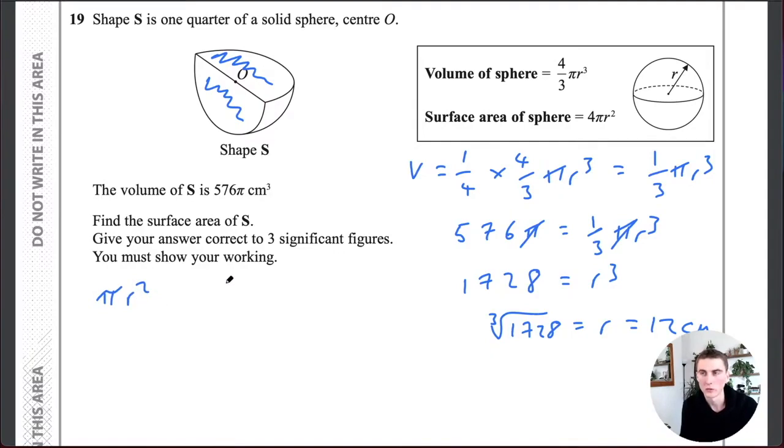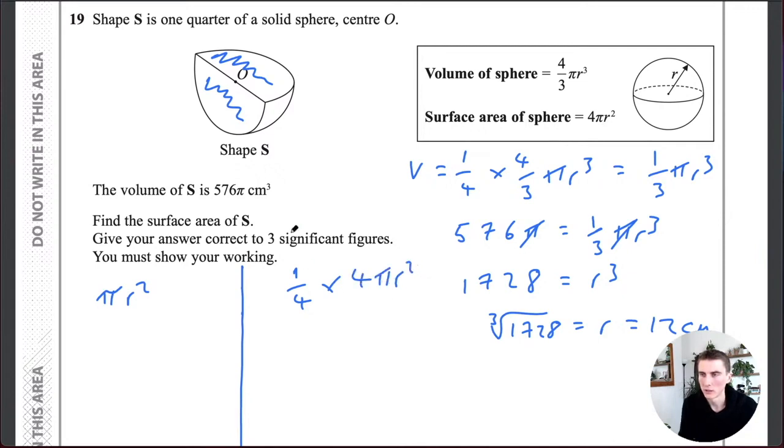That's the formula of a circle. And then on the outside here, you've got the area around the outside of the sphere. But again, we only have a quarter of a sphere. So it won't be this whole thing. If I just draw a line down the middle, it would actually be a quarter of this formula.